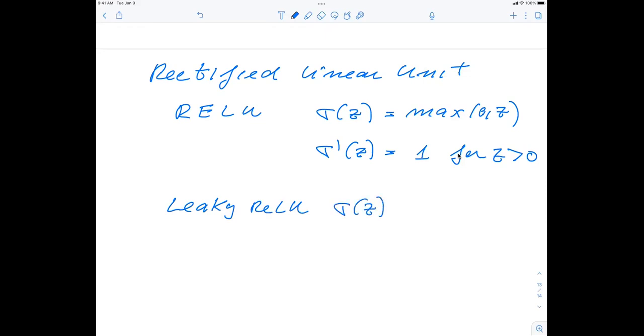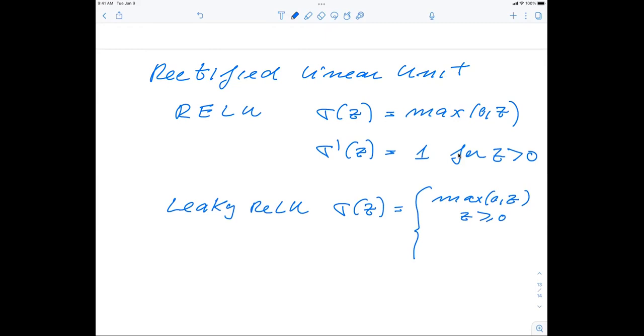Sigma z is equal to, so we have the same type of function here. We have a max as before, max of 0 and z when z is larger or equal than 0.